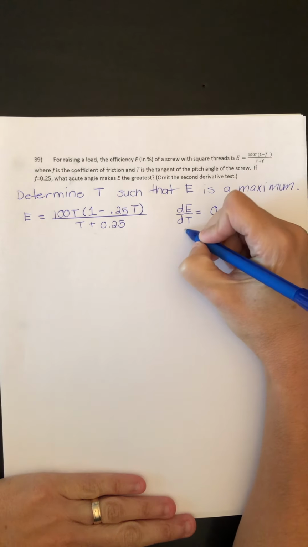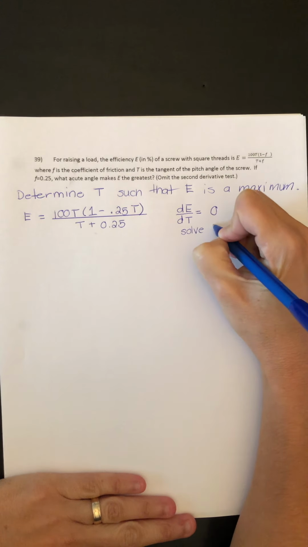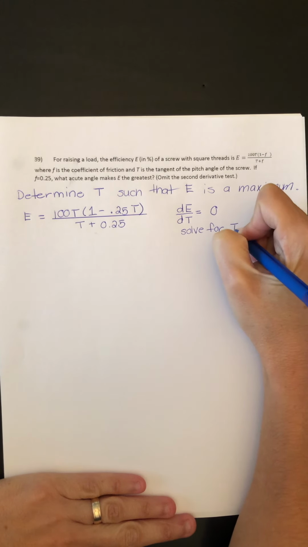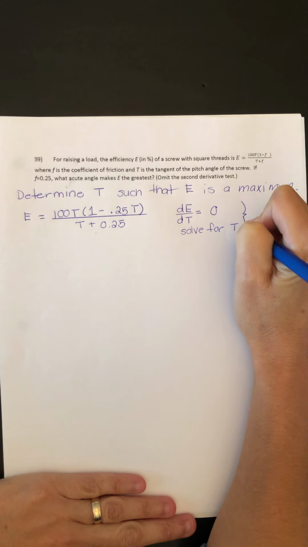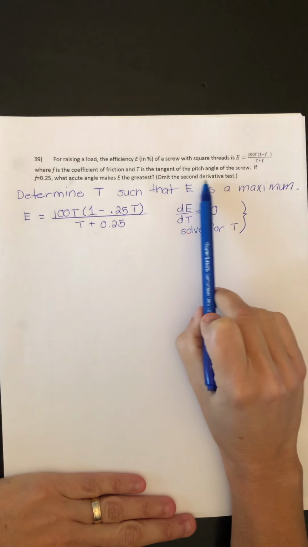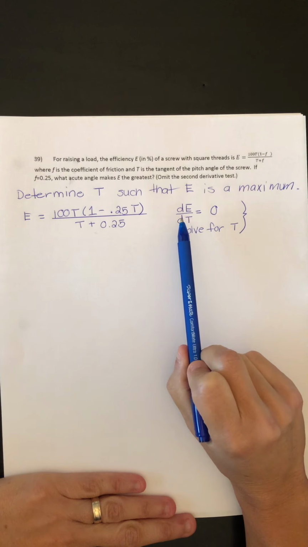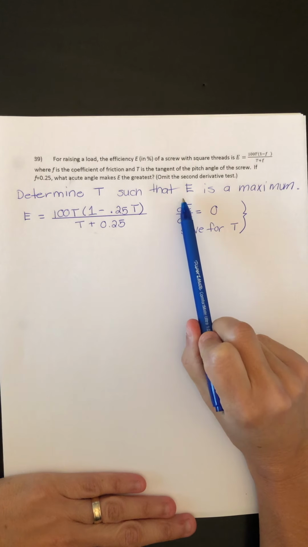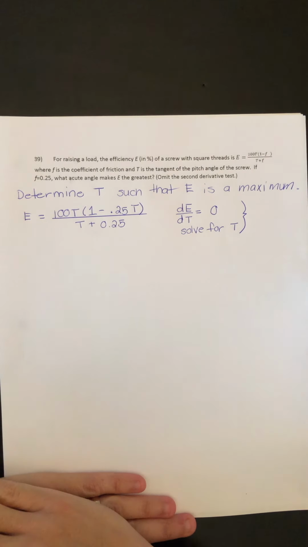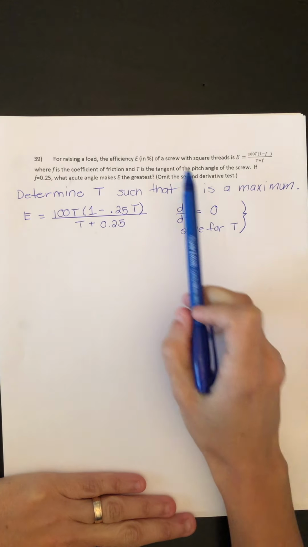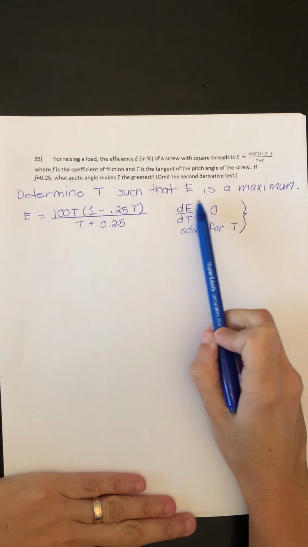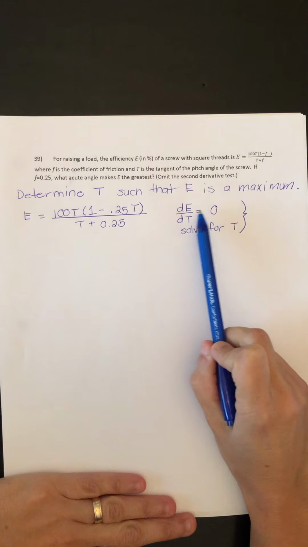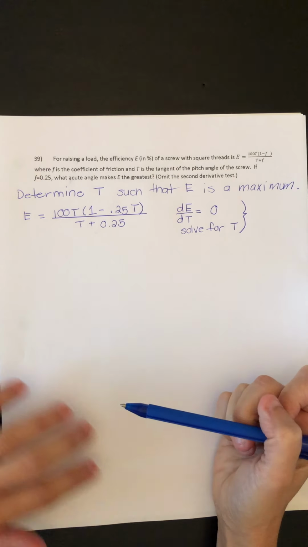And then we're going to solve for capital T. If we were going to include the second derivative test, we would also look at d squared E over dt squared, and we would ensure that it is less than 0, guaranteeing a maximum. But since we are omitting the second derivative test, all we need to do is this portion. Take the derivative, set it equal to 0, and solve for capital T.